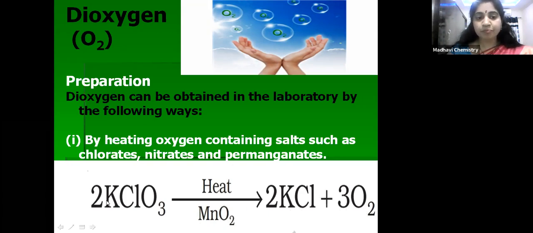For example, potassium chlorate, KClO3, when heated in the presence of manganese dioxide, gives KCl plus oxygen. Three molecules of oxygen are obtained when two molecules of KClO3 are heated, right, children? So this is the laboratory method.